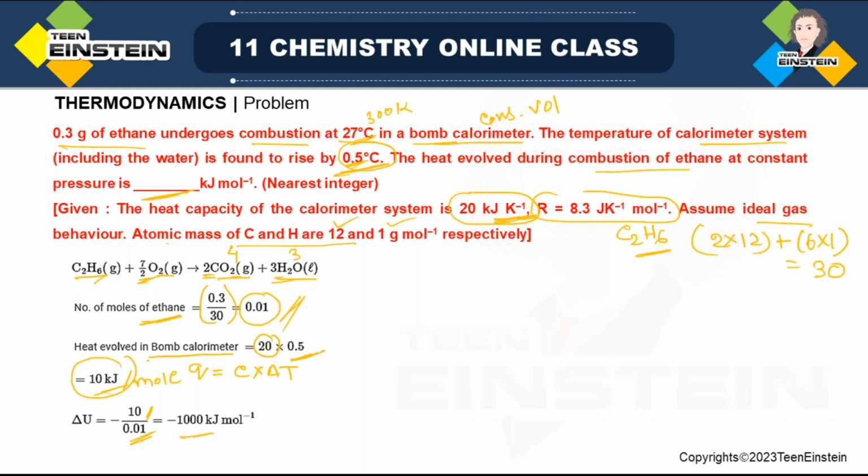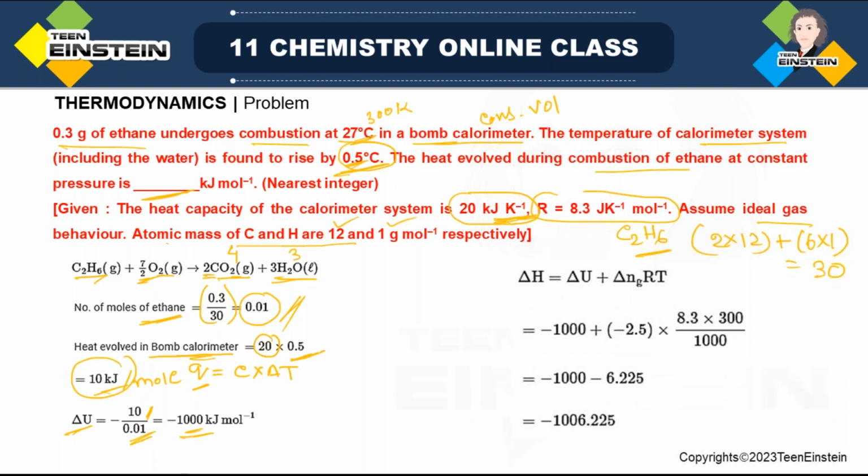The reaction is occurring in the calorimeter, so the amount of heat that is released is also absorbed in the calorimeter. So the numerical value is 1000, but when we consider del U, the internal energy change, it is not Q, we are considering del U here, then you have to put a negative sign.